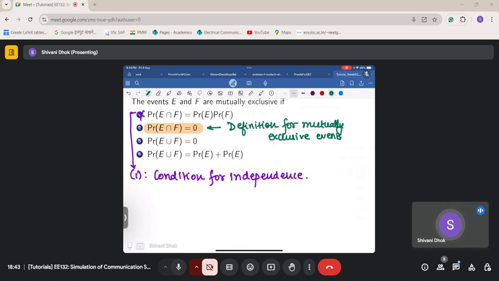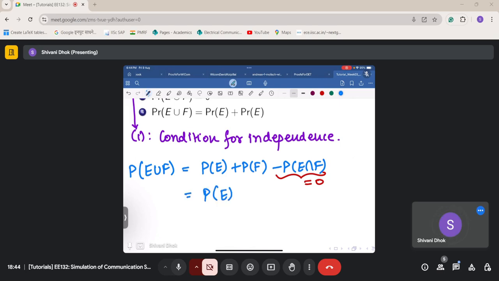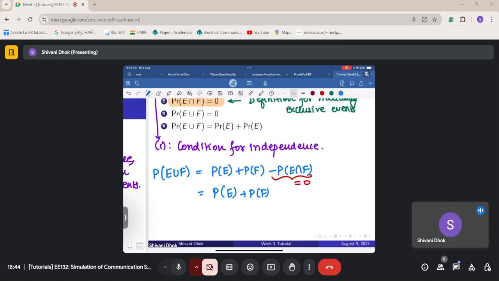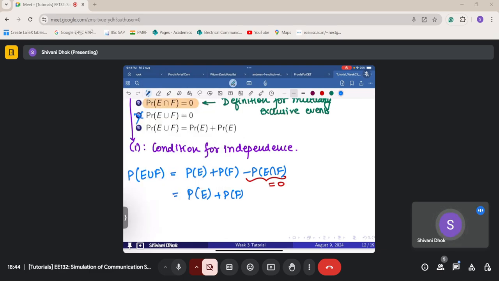And then we have two options which take into account probability of E union F. Probability of E union F is given by probability of E plus probability of F minus probability of E intersection F. Now this E intersection F is equal to 0 because they are mutually exclusive, and therefore this reduces to probability of E plus probability of F, which means that the option saying probability of union equal to 0 is wrong.